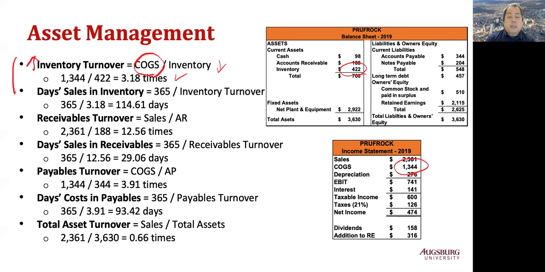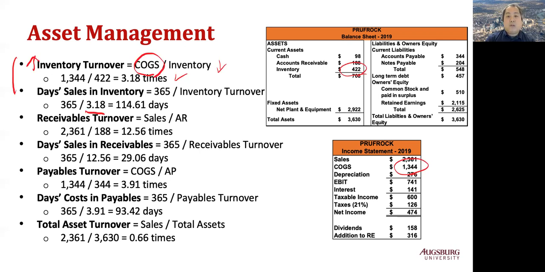You can also measure the average number of days to sell out inventory, which is called the days sales in inventory. 365 divided by inventory turnover.